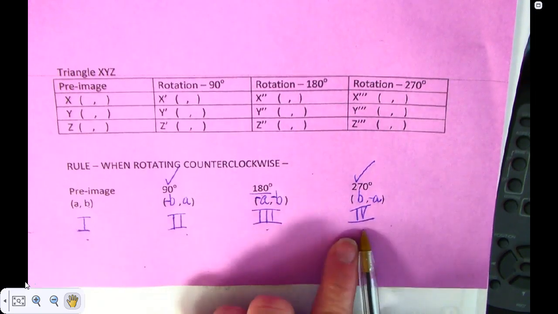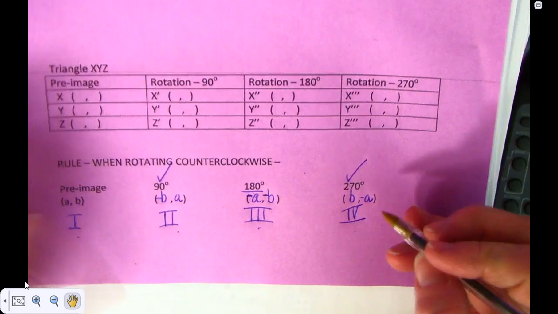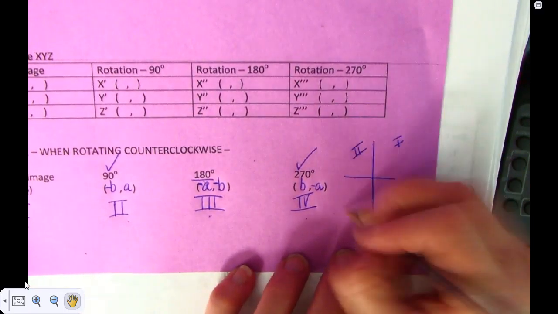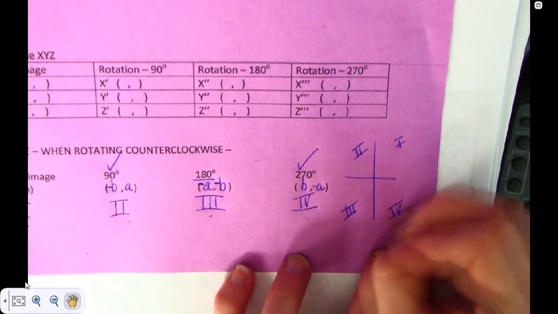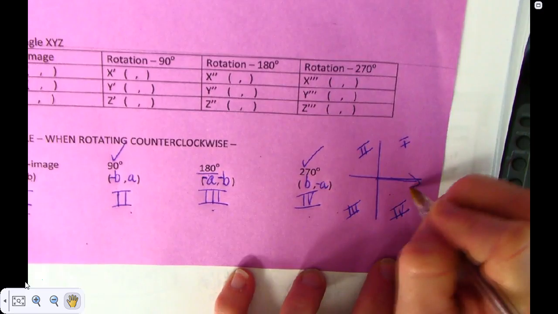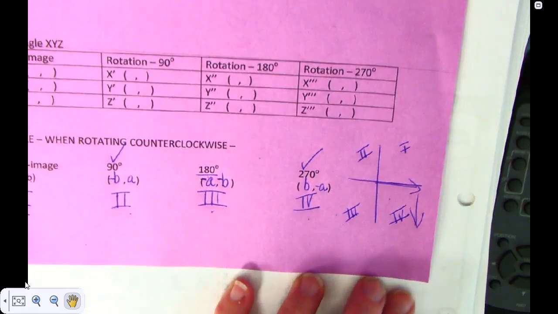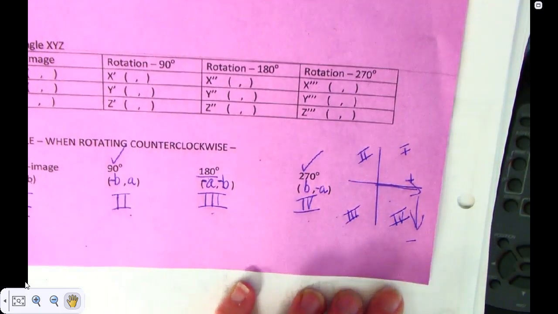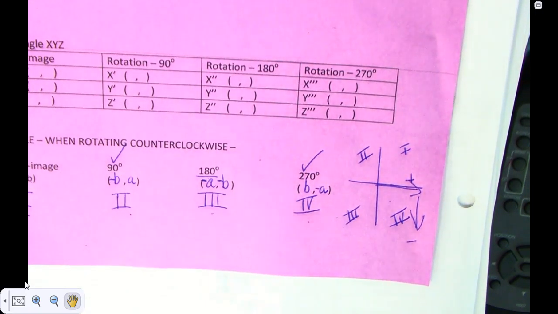I'm in quadrant 4, and to get to any of these points in quadrant 4, I've got to go positive, then negative. Positive, then negative. Okay. Think we know the rule, the trick?